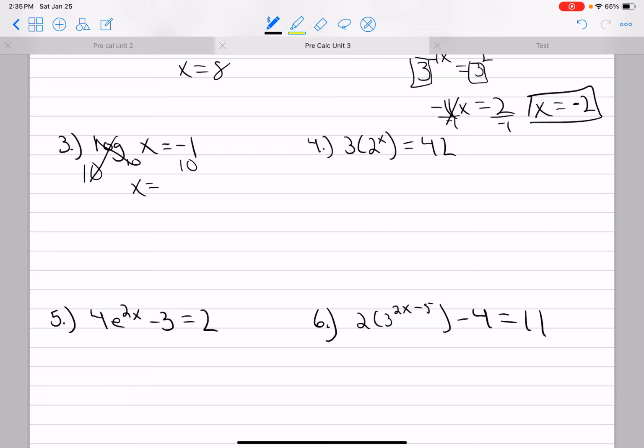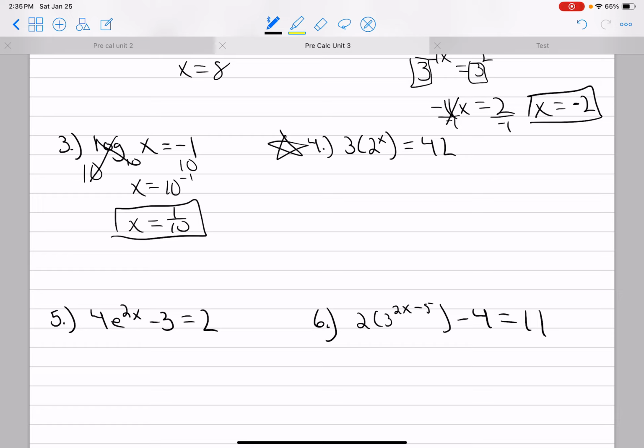I don't actually know how you say that. I forget the word. Exponentiate. I have to exponentiate it. Ooh, I found it in a book. I'm smart. All right, so x equals 10 to the negative 1 power, which means that x equals, what's 10 to the negative 1 power? 1/10. Boom, boom.